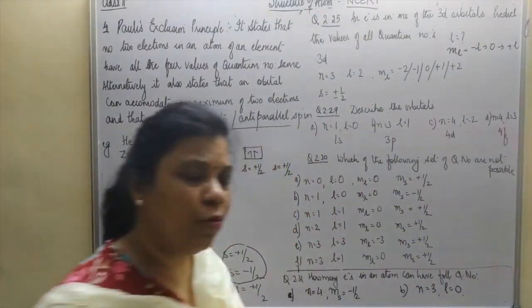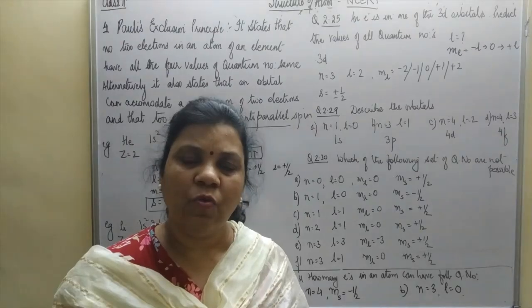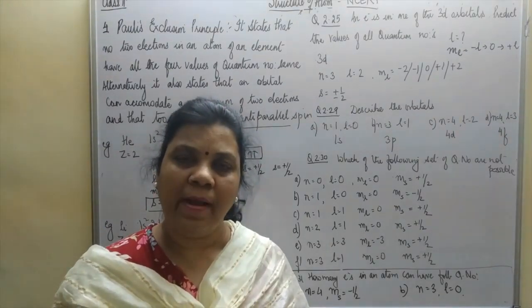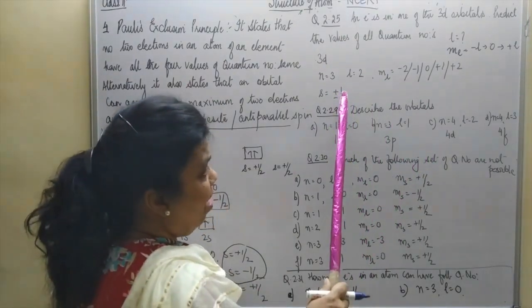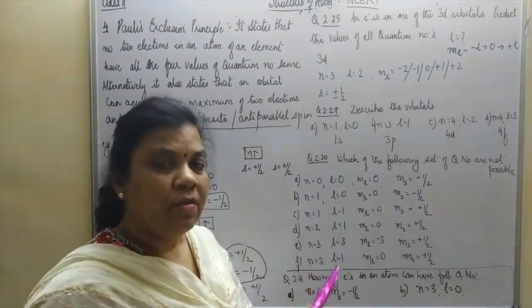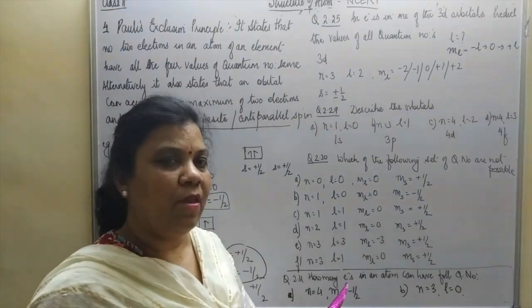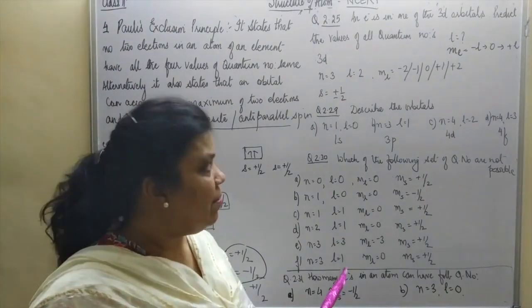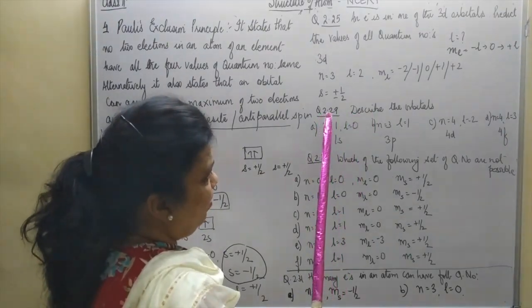So if l is 2, m will have 5 possible values: -2, -1, 0, +1, or +2. And s may have either of the 2 values, plus half or minus half. So this is how we predict the values of all 4 quantum numbers for any given electron present in any subshell.